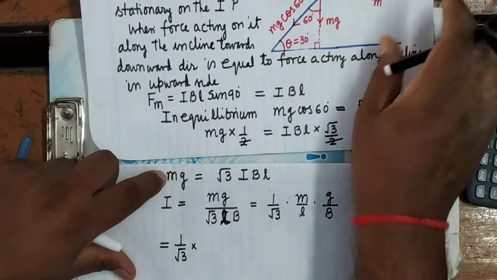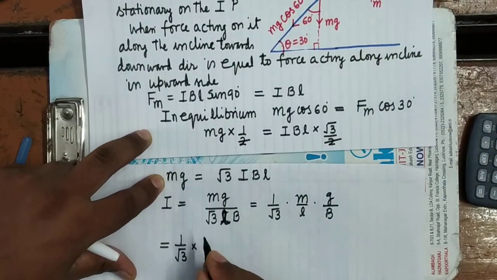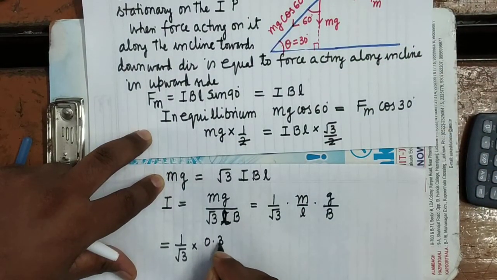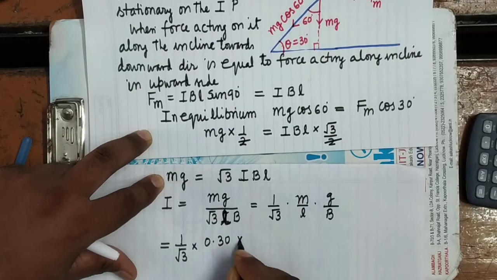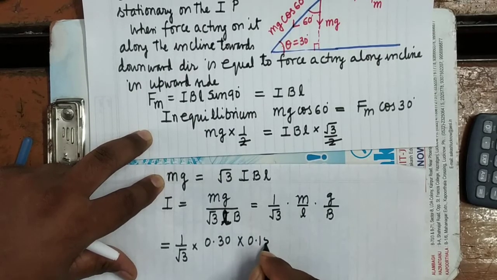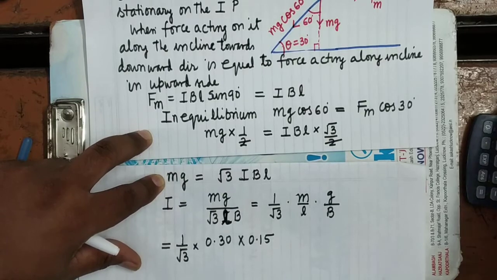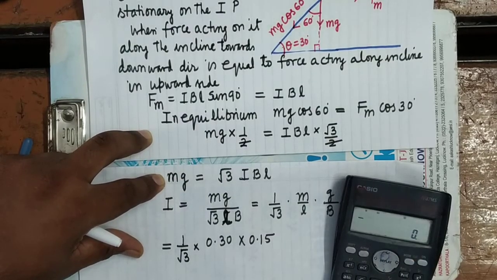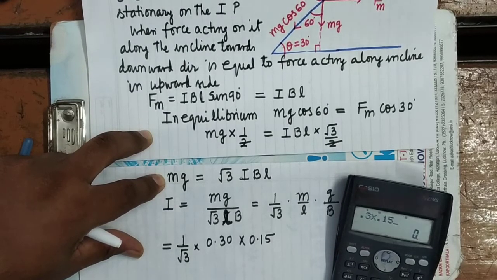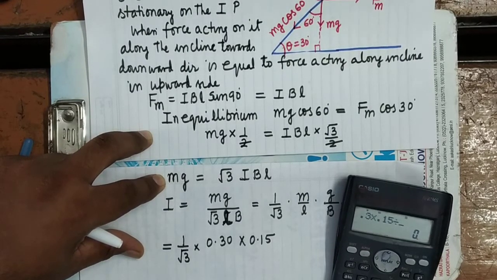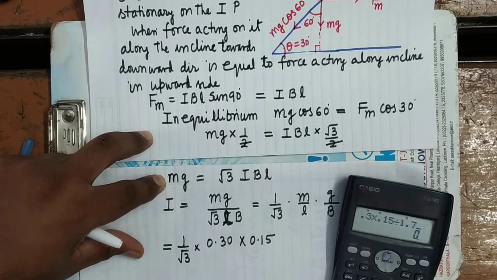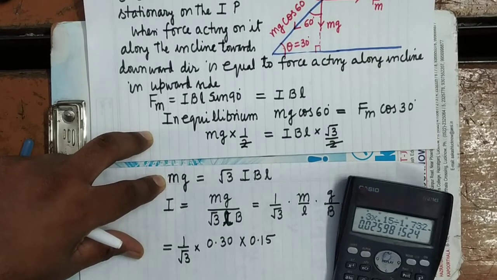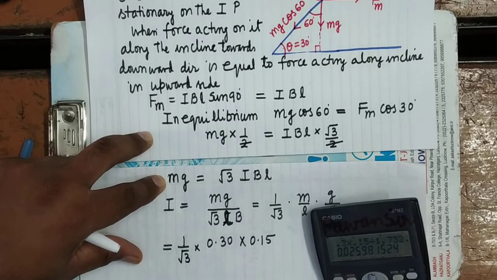On substituting, it is 0.30 into 0.15 divided by 1.732.